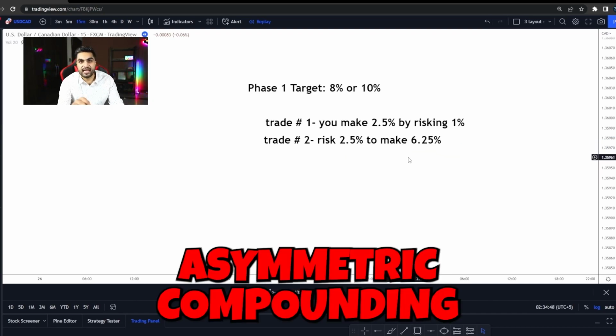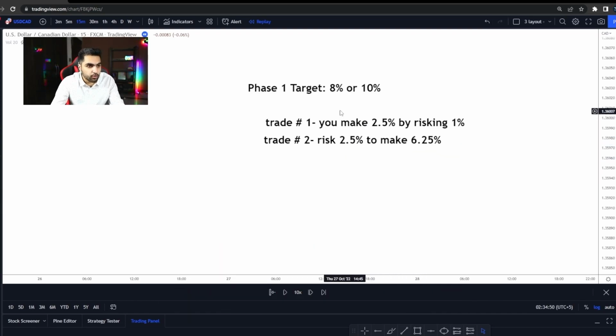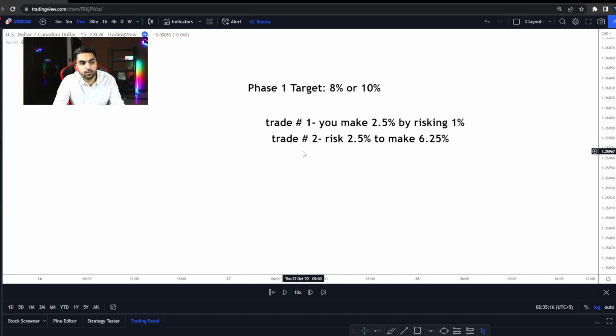So this is called asymmetric compounding. What you are doing is only risking the amount that you have made as a profit, and you only need to do 2 trades and you will reach your 8% profit target. But if the profit target is 10% like you have with FTMO, then it's going to take you 1 more trade. But in your third trade, do not risk 2.5% or 6.25%.